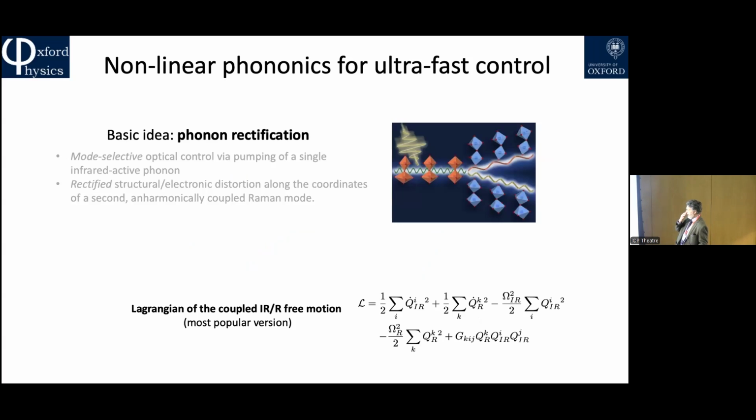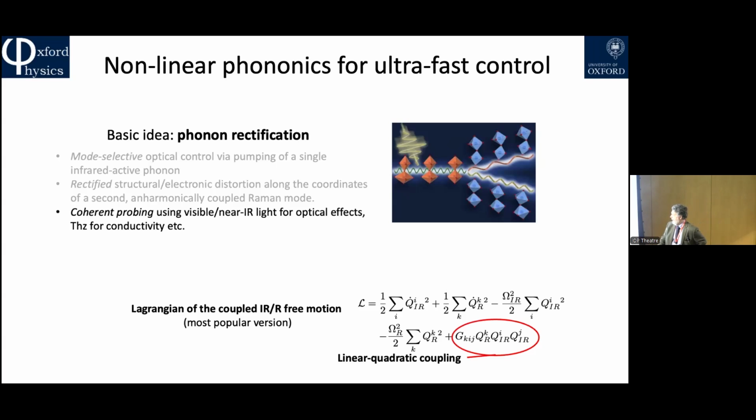This is a very cartoonish Lagrangian of the equations of motion of these two coupled modes. The idea is that your Raman mode, I'll show this a little bit later, will couple to the infrared mode, creating a displacement in one direction of the Raman mode.